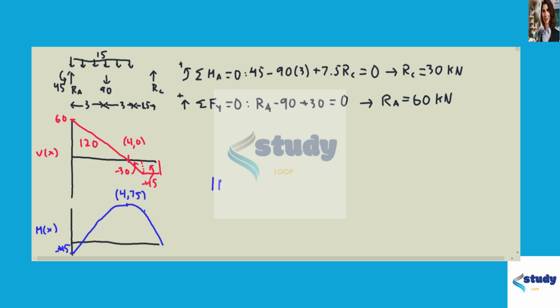Right? Okay, yep, so M max is 75 kilonewton meters, and that's going to be 4 meters from our end A.